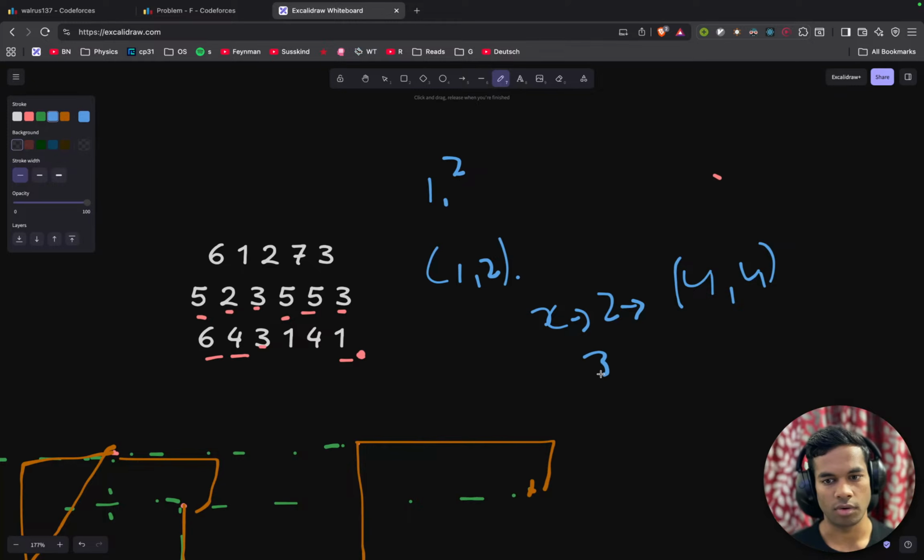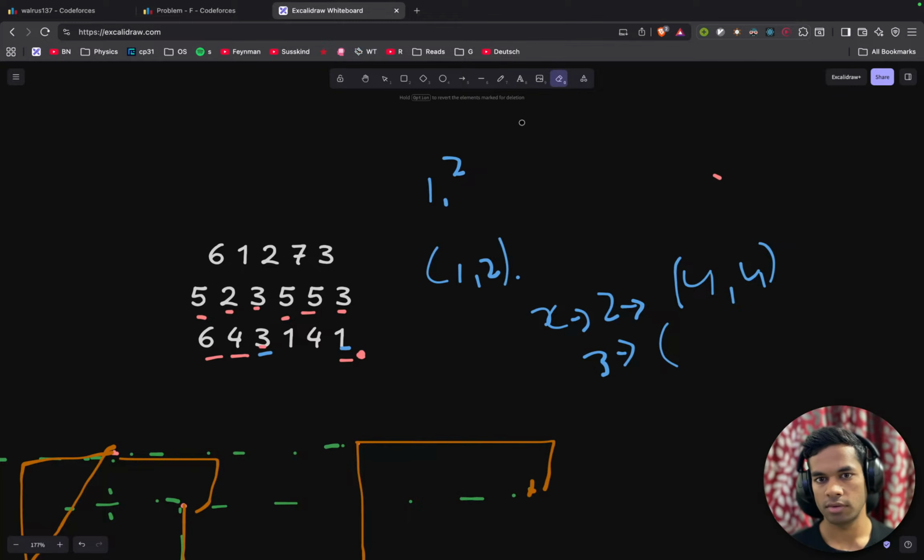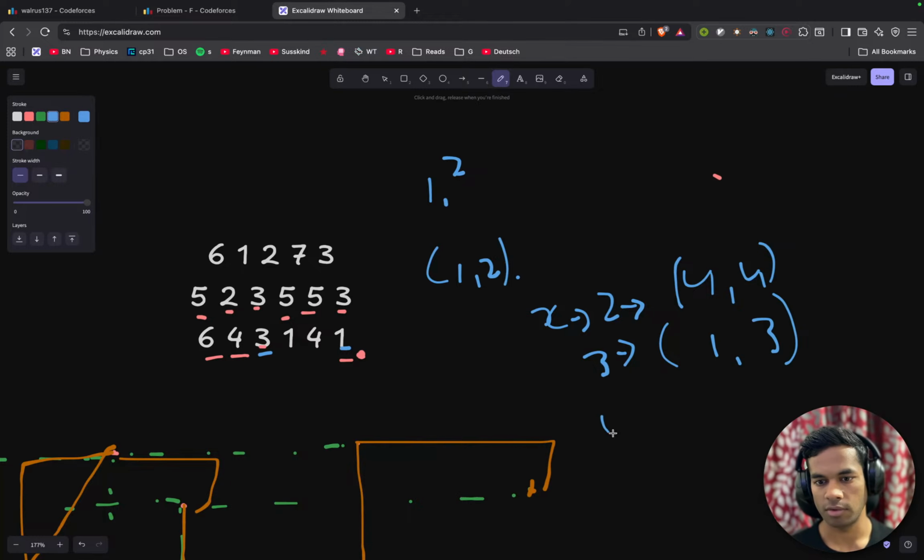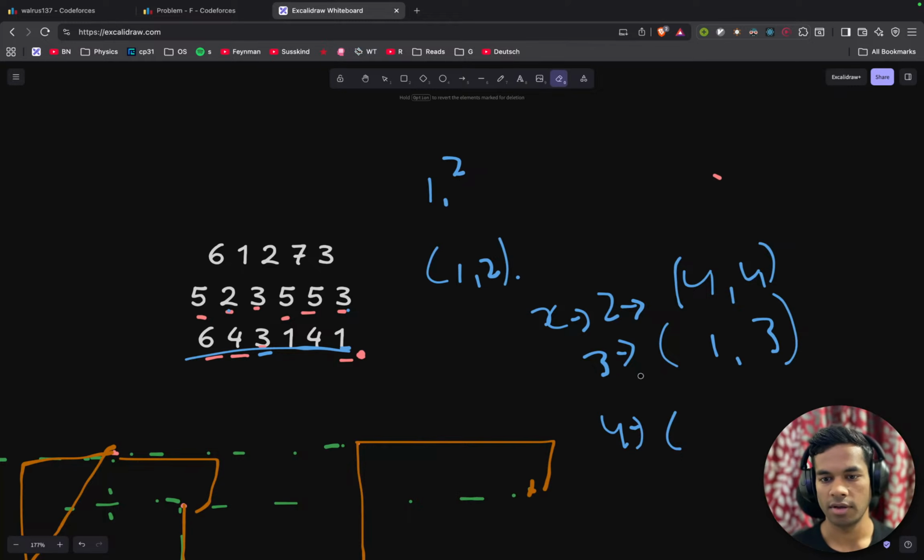And then for x equals 3, we have 1 and 3 y values. 1 is the minimum and 3 is the maximum. And then for 4, I messed up. Nope, I did not. I looked at x values instead of y.